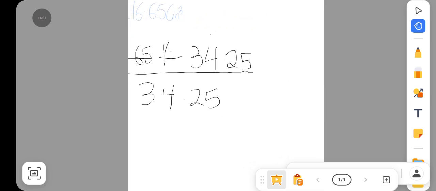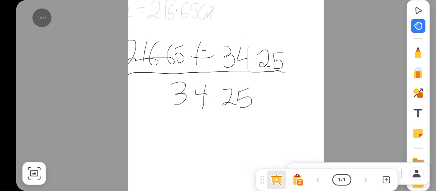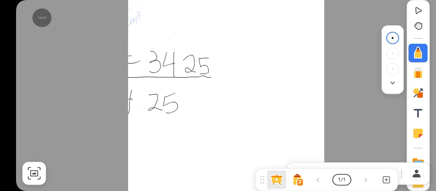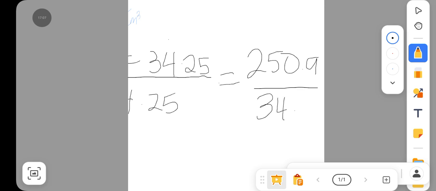And if we add everything up together here, it is going to give us 250.9 over 34.25.